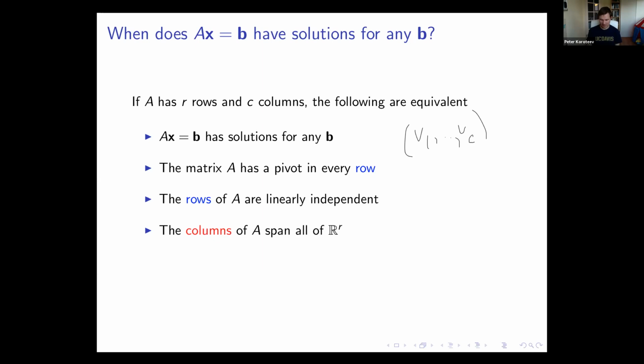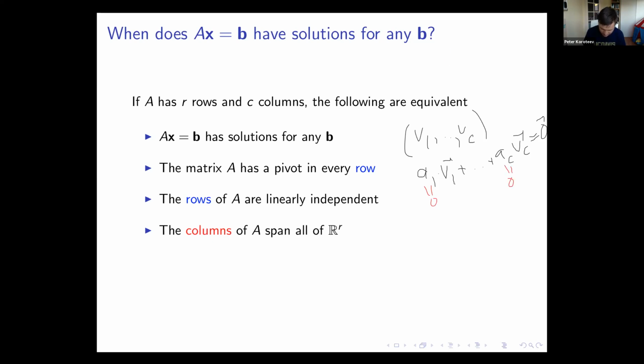It means that the only linear combination a1v1 plus and so on plus aCvC which is equal to the 0 vector is the one where all coefficients are equal to 0.